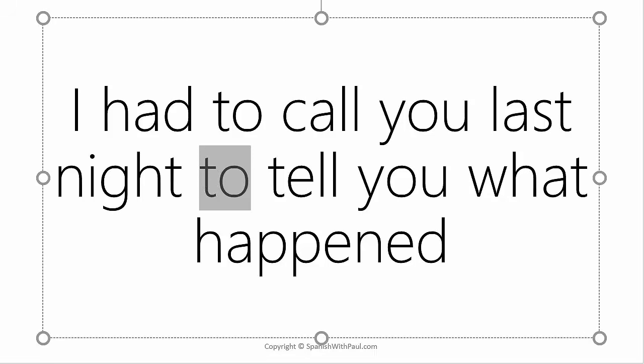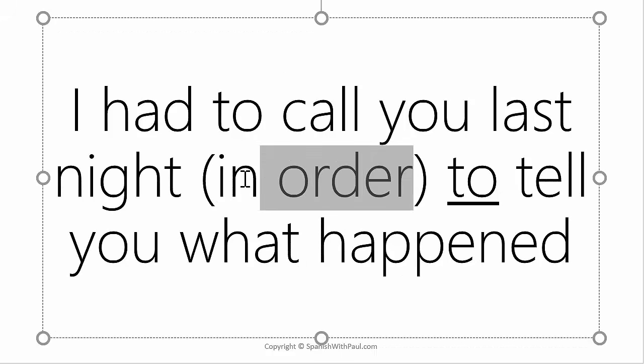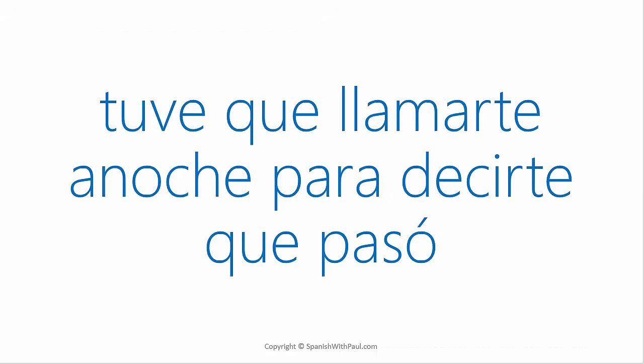Whenever to implies in order to, even though you won't necessarily say it in English, you're going to throw in the word para in Spanish. Try to translate the sentence. Tuve que llamarte anoche para decirte qué pasó.